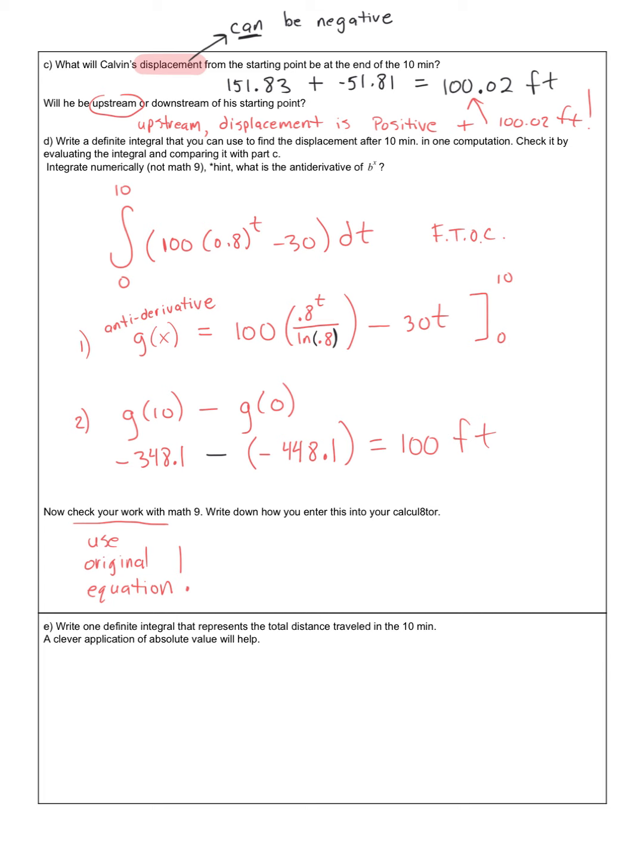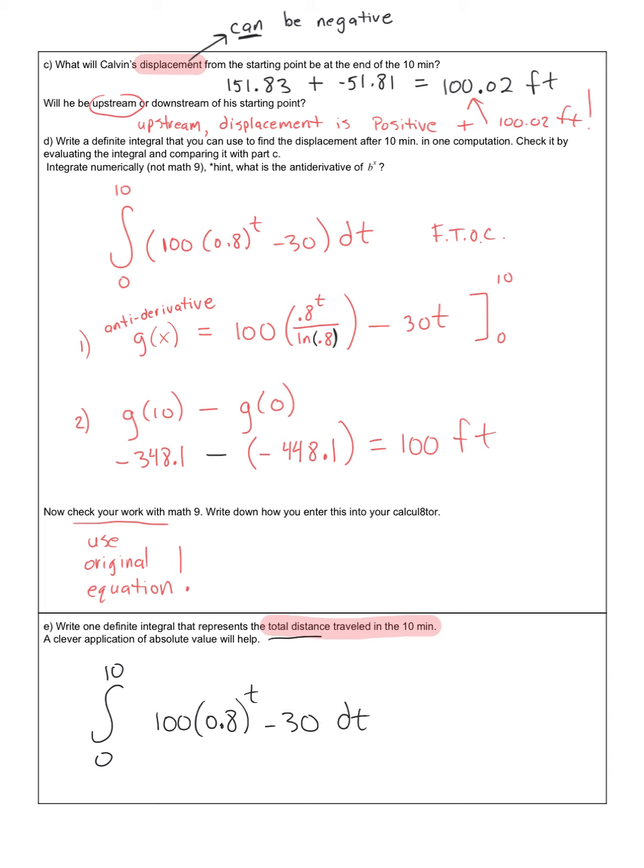Now the next thing we're going to do is write a single integral to find our distance traveled. So we need a single integral, from 0 to 10. We need our velocity, which is 100 times 0.8 to the t minus 30 dt.